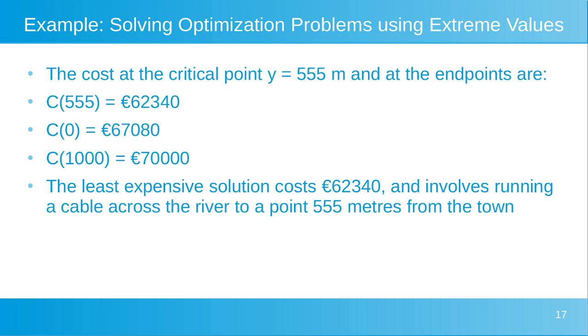So here we've just used calculus to solve a practical problem. By expressing that problem in terms of a mathematical function, we've been able to express the total cost as a function of a single variable. Then we've gone to look for the extreme values of that function by evaluating the derivative and setting the derivative equal to 0.